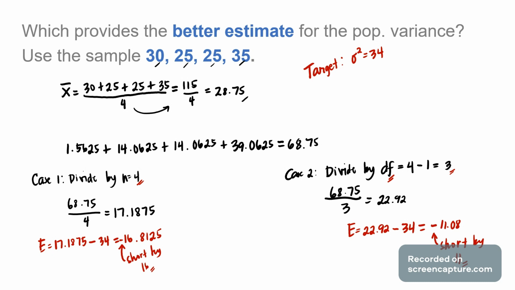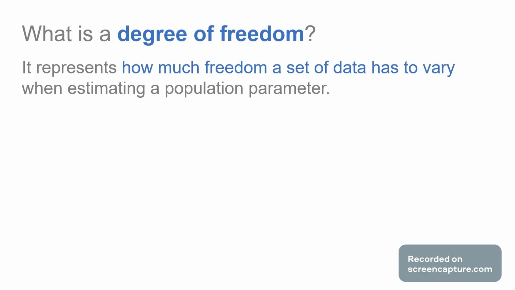And that means, since we're talking about degrees of freedom, this leads us to the question, what the hell is a degree of freedom? And if you just do a quick Google about this, a degree of freedom represents how much freedom a set of data has to vary when estimating a population parameter. So in our case, write the formula for s squared, the sum of x minus the mean squared divided by n minus 1.